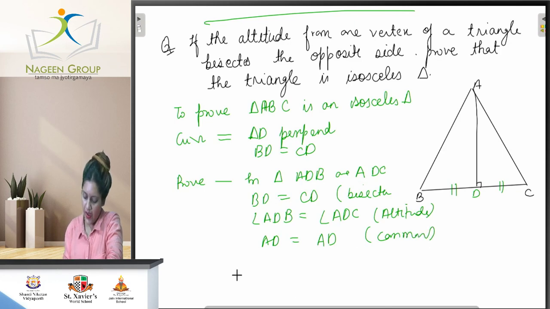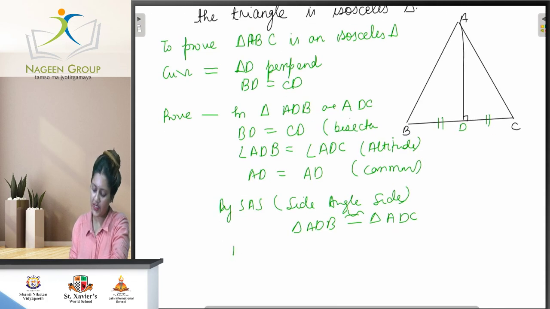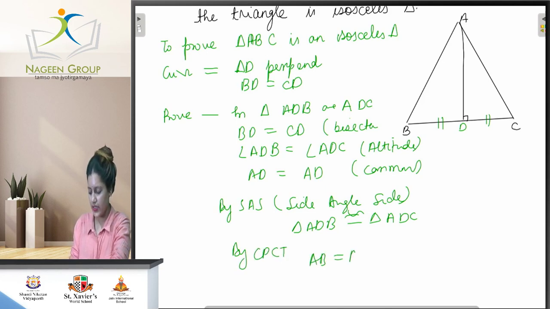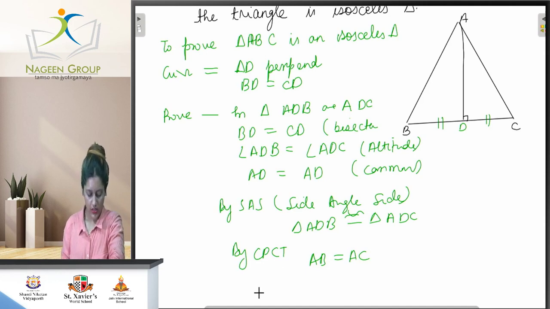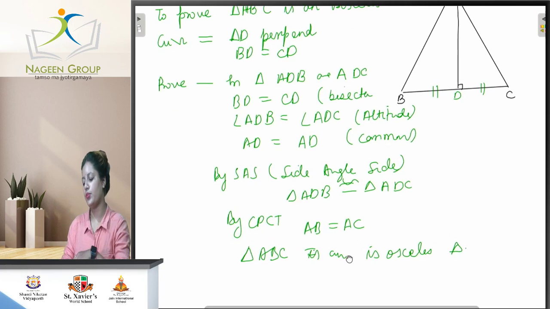So by SAS, side angle side, triangle ADB is congruent to triangle ADC. So by CPCT, AB equals AC. So triangle ABC is an isosceles triangle. Hence proved.